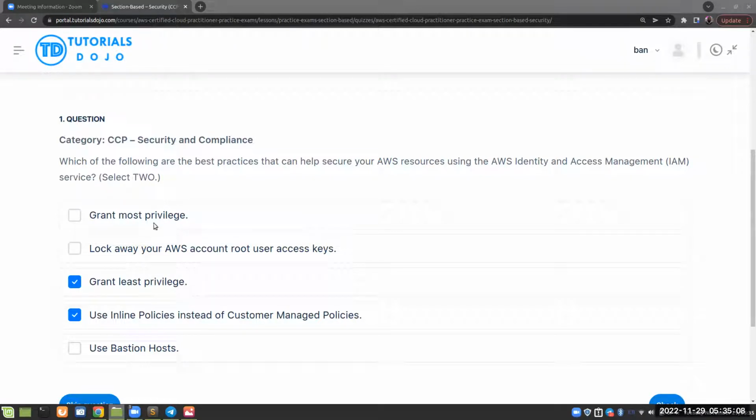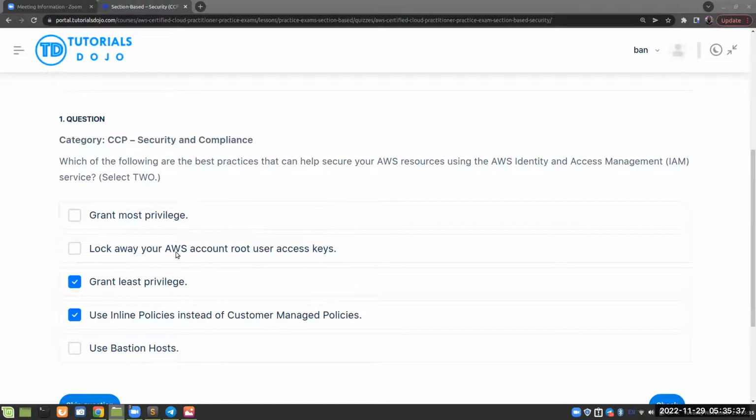So you have grant most privilege, lock away your AWS account root user access keys. Then you have use Bastion host. The question is what is Bastion host? The reason I'm pointing this out, I always say that if you are able to know why the others are wrong, you are much more confident with your answer.